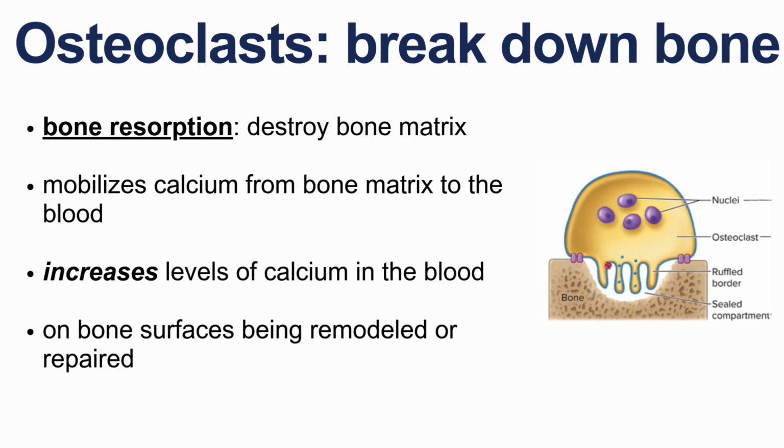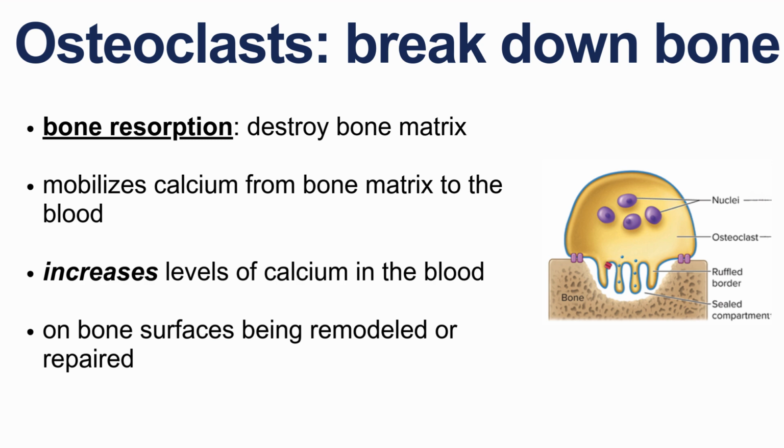Osteoclasts are the bone resorbing cells. They break down bone by secreting acids and enzymes which dissolve the hard matrix. Bone resorption releases calcium from the bone, where it then migrates into the bloodstream. This process increases the levels of calcium in the blood.